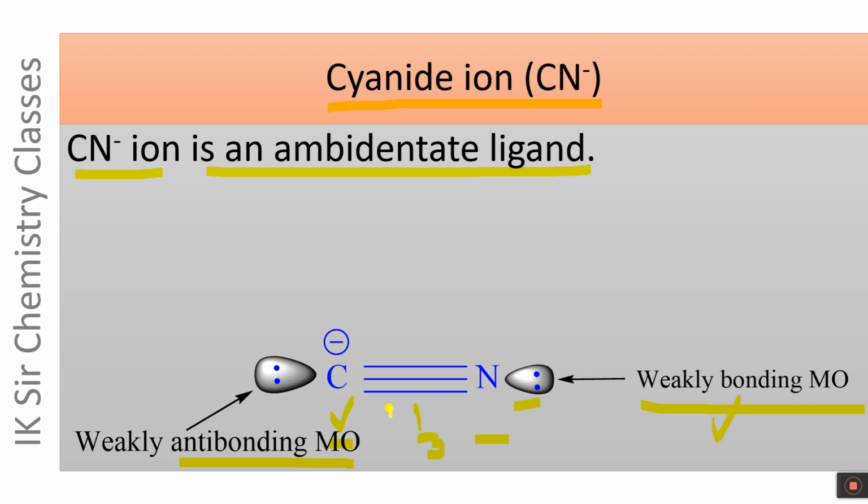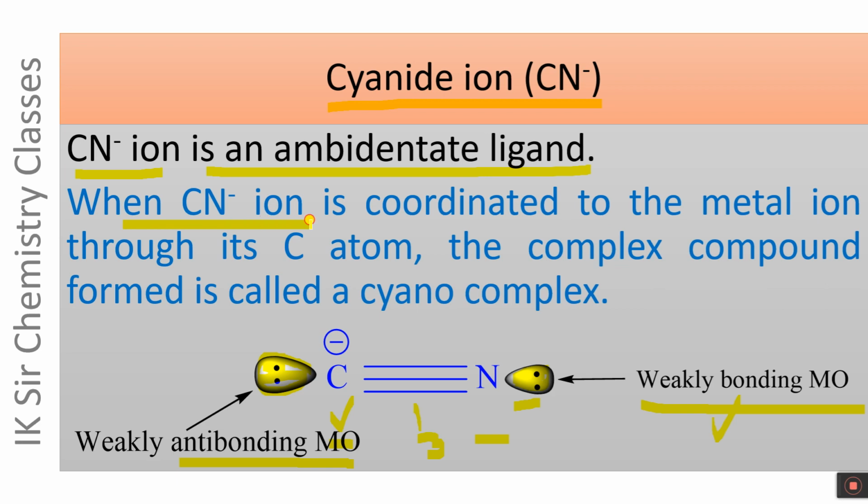At the same time, the weakly anti-bonding MO is larger in size, while the weakly bonding MO is smaller in size. The carbon atom is negatively charged. Therefore, CN minus ion has a tendency to coordinate to the central metal ion through its carbon atom preferably.